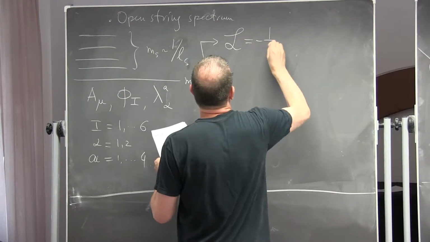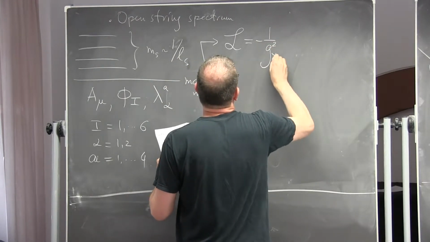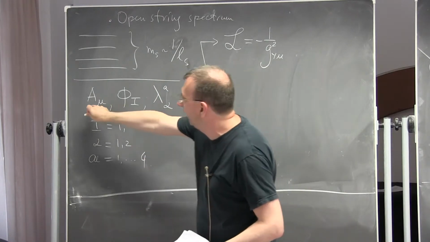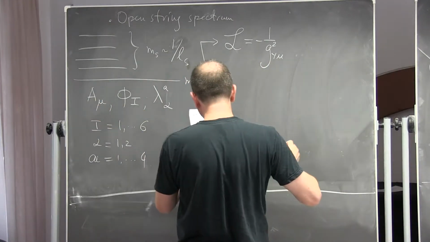The Lagrangian has the following form: 1 over g squared Yang-Mills, because you recover these gauge fields, A_mu gauge fields.